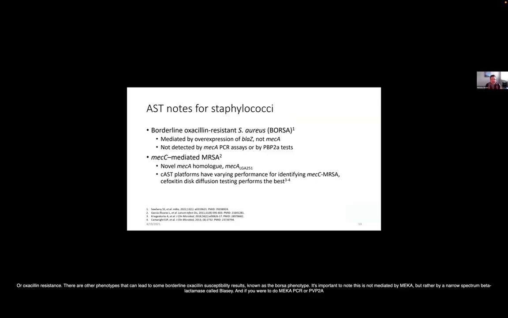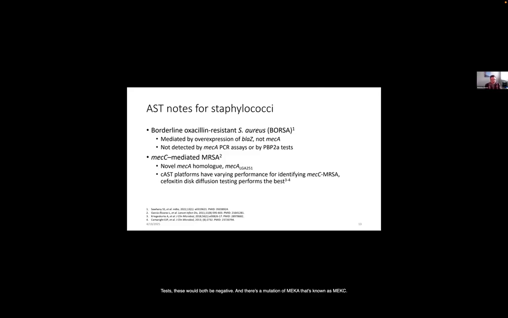There are other phenotypes that can lead to borderline oxacillin susceptibility results, known as the BORSA phenotype. It's important to note this is not mediated by mecA, but rather by a narrow spectrum beta-lactamase called blaZ. If you were to do mecA PCR or PBP2a tests, these would both be negative.